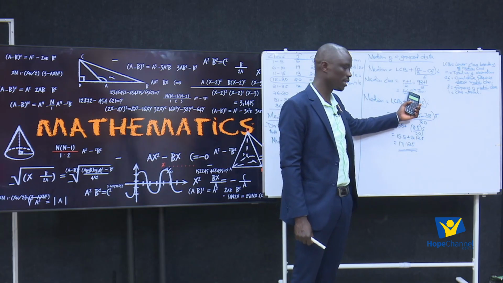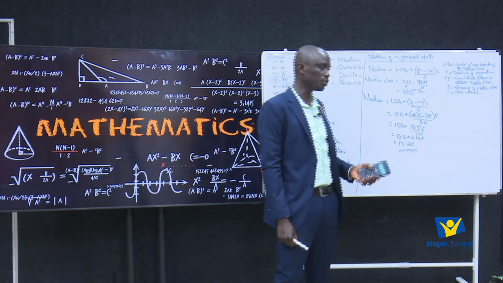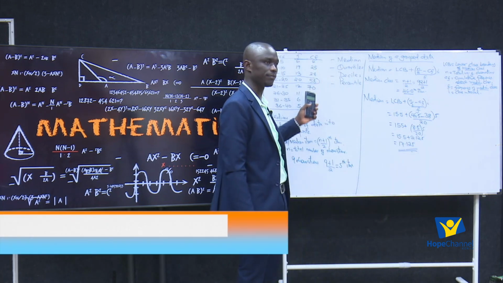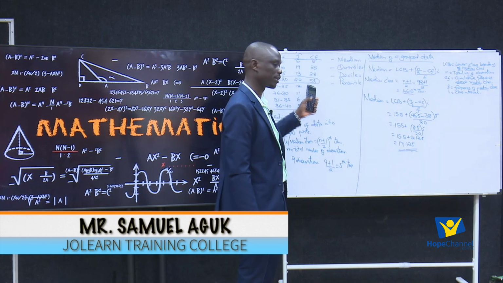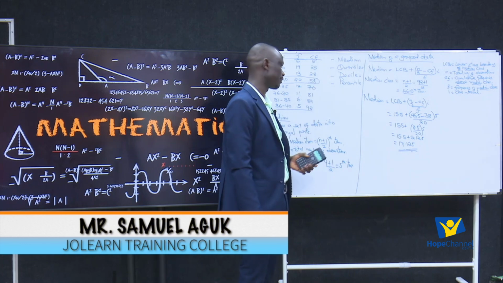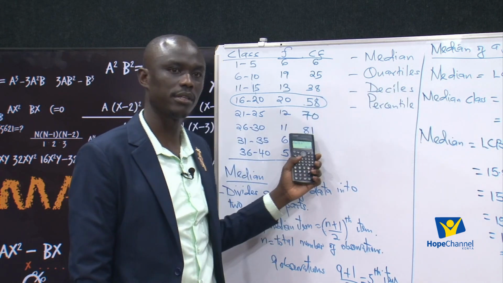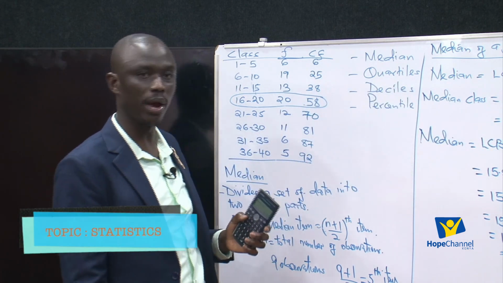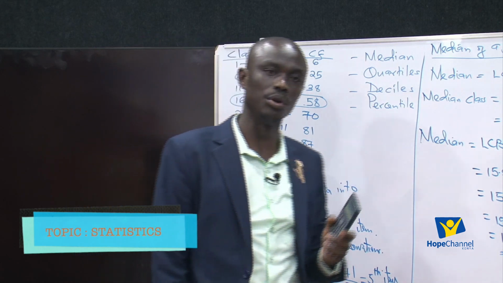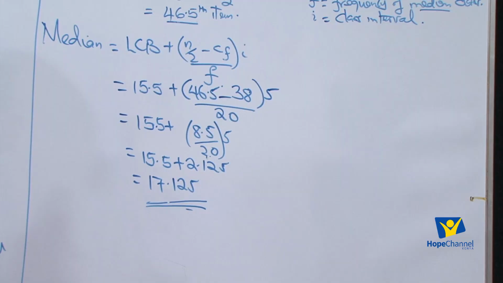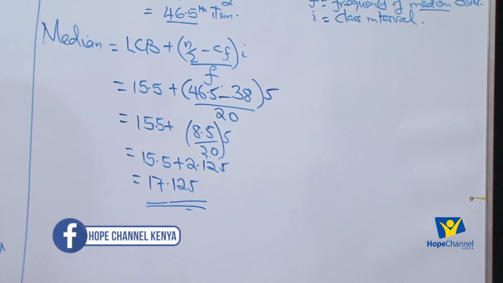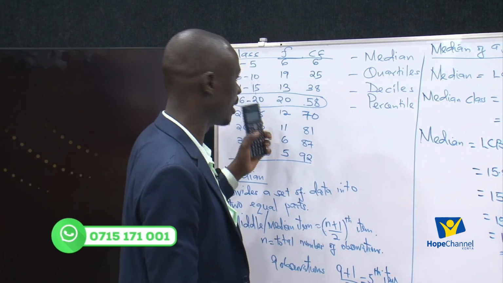Once you've gotten the median item, go to your column of cumulative frequency and identify where your median item is falling. Once you know where it is falling, the next thing you are supposed to do is to mark out that class. That class will be your median class.